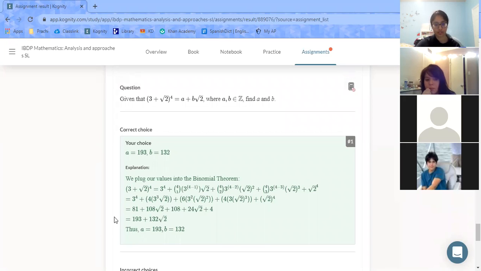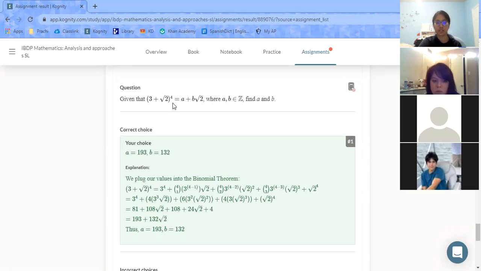I'm just going to leave this here for a second so you guys can see that. So you would just expand fully and then solve fully. You're just expanding it and simplifying it down, just adding like terms and then taking it to the power, whatever you need to do.